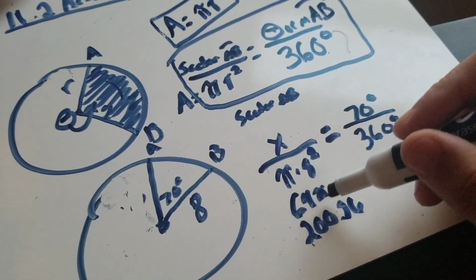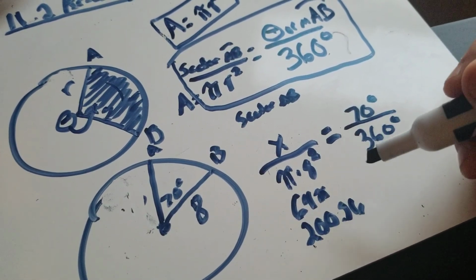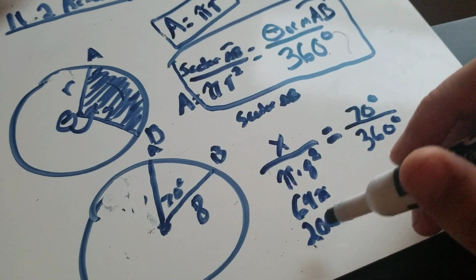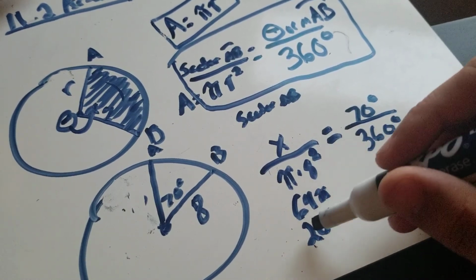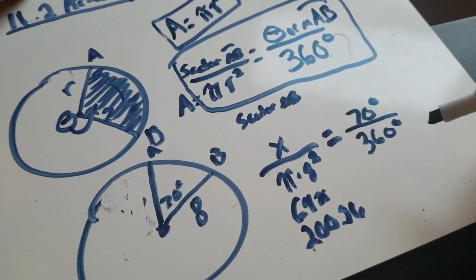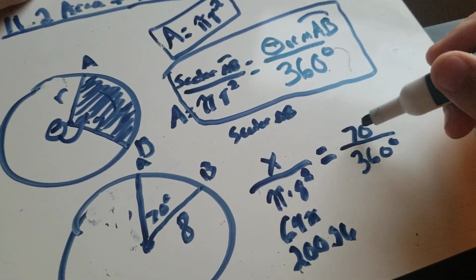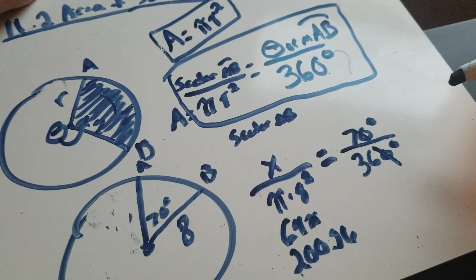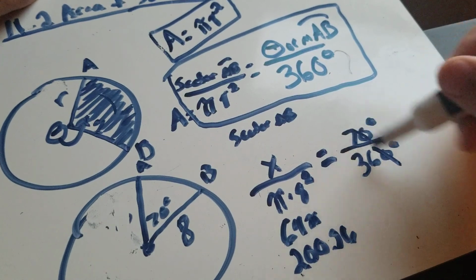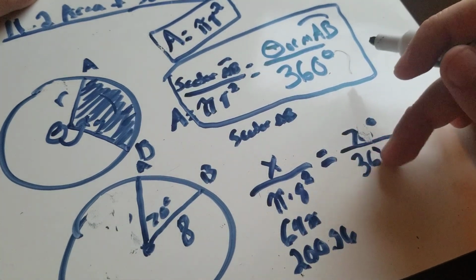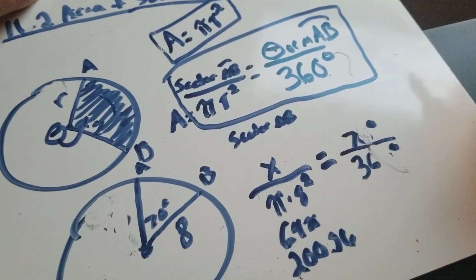I'm going to use 64 pi to show maybe a simpler way and then take care of the pi at the end. 70 over 360, they're both divisible by 10, so I could take this out. It doesn't look like I could reduce it more from 7 and 36.